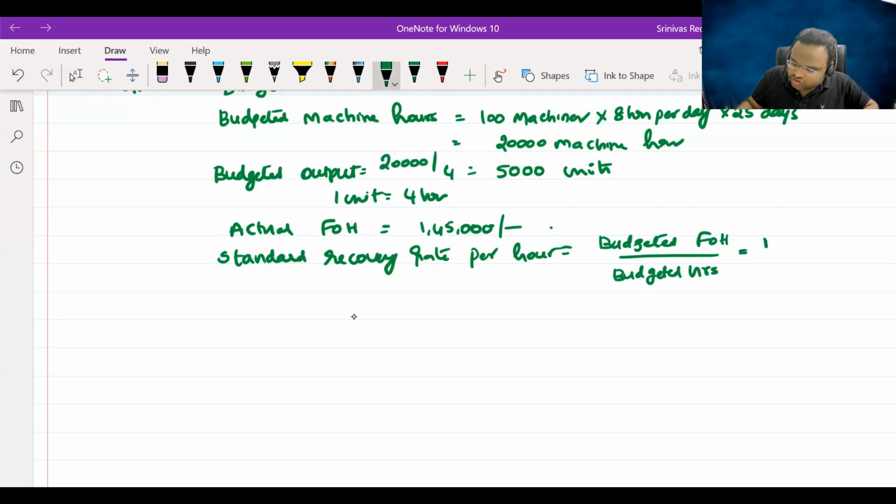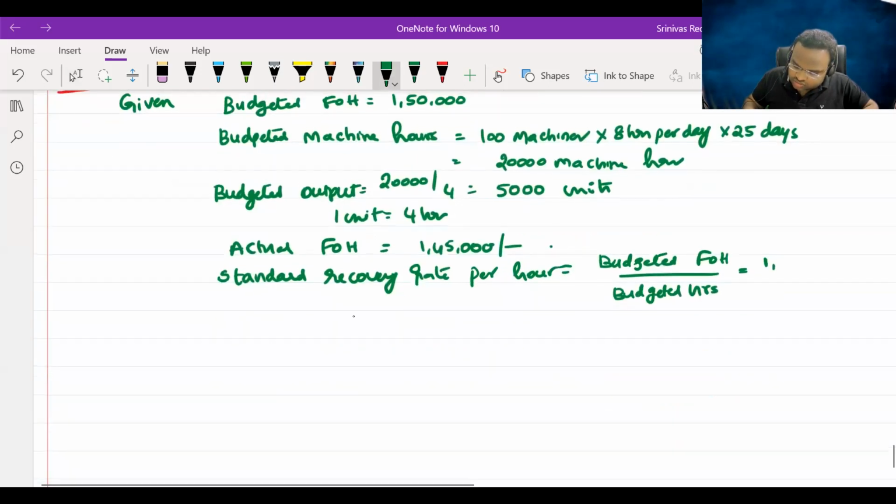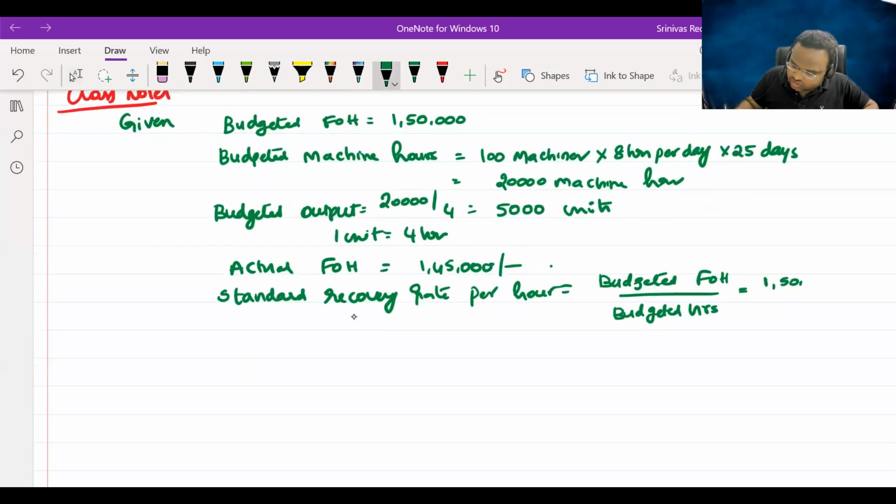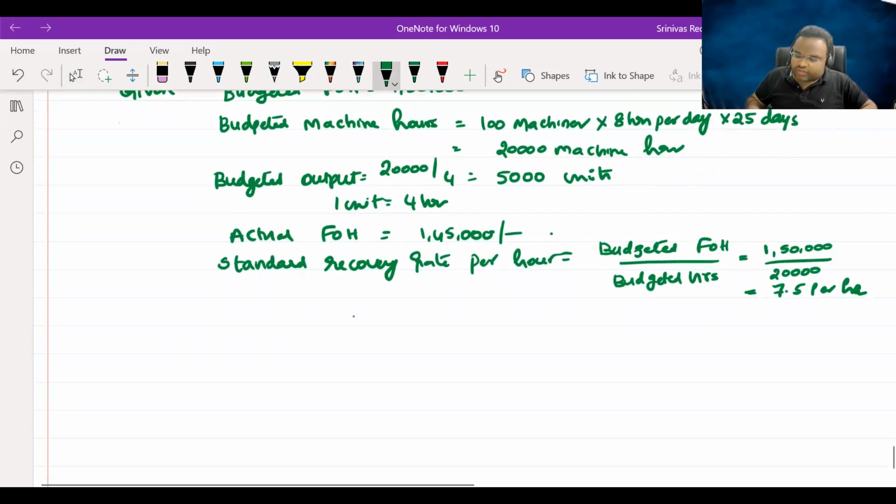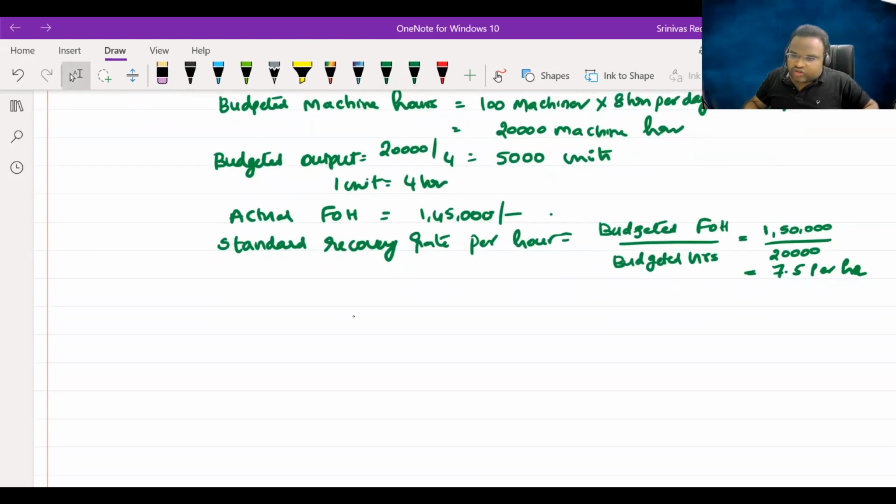What is the budget fixed overhead? 1,50,000. What is the budget hours? 20,000. How much amount? 7.5 per hour. So this is the plan: if I work for 1 hour, I should recover 7.5 rupees as fixed overhead.